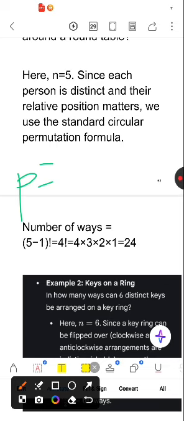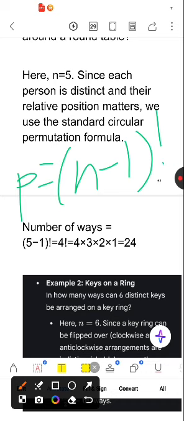That one needs to be stated. If not, it means that they should be distinct. So here, this is our normal formula. We have this minus 1, and you understand how this was obtained. We have the total number of people to be 5, then minus 1, and this is what we have as our final result.